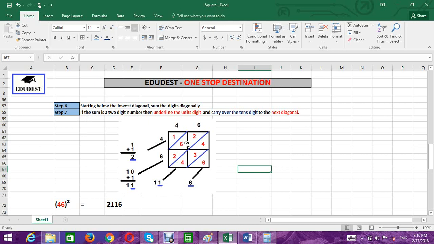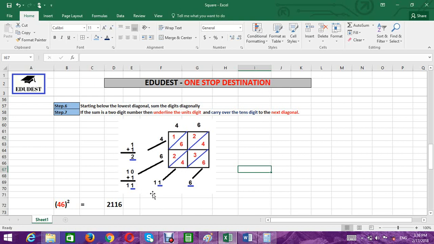Now moving to the third diagonal. Here the sum comes up as 2 plus 6 is 8, 8 plus 2 is 10. Here we have to add 1 because it is carried from the previous diagonal.